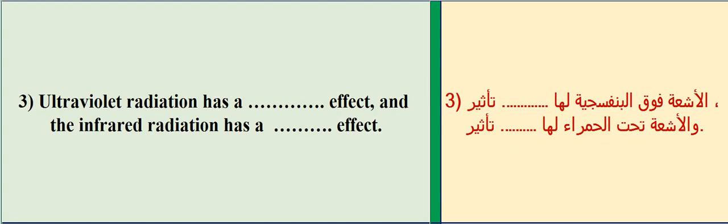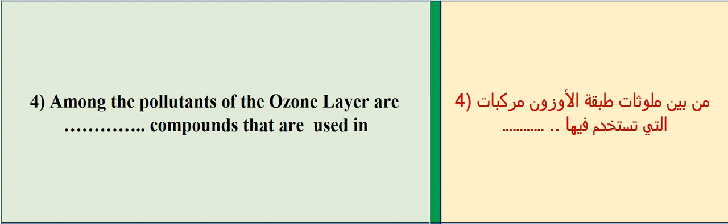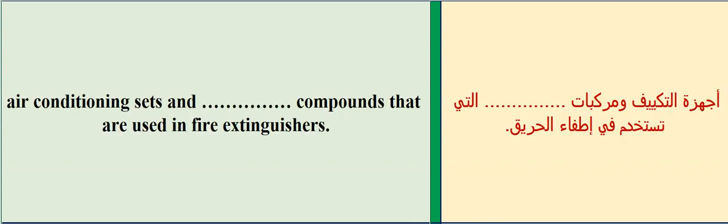Ultraviolet radiation has a effect, and the infrared radiation has a effect. 4. Among the pollutants of the ozone layer are compounds that are used in air conditioning sets and compounds that are used in fire extinguishers.